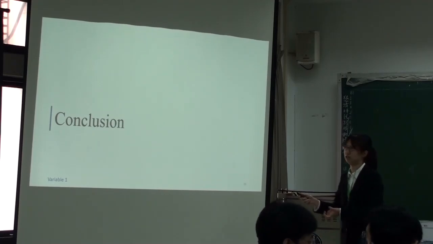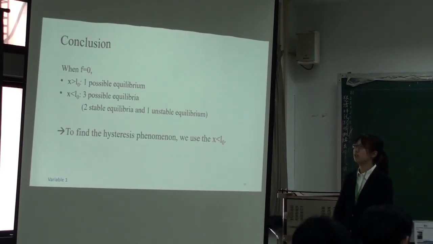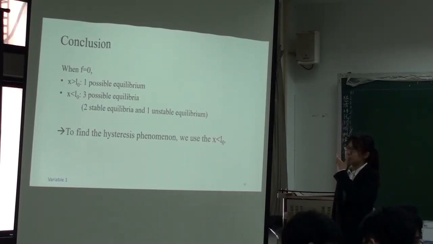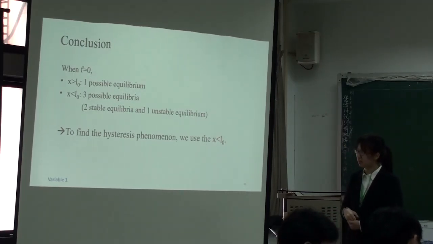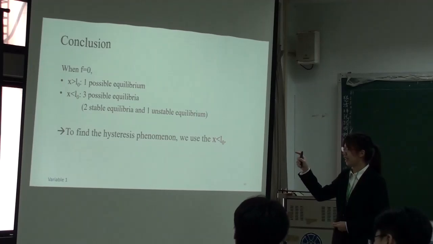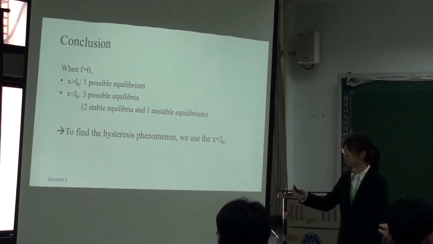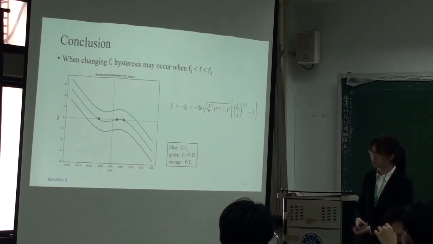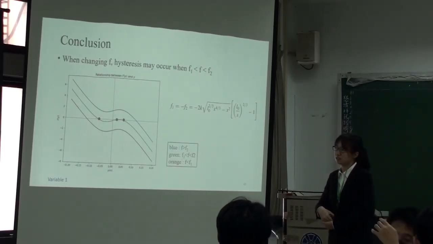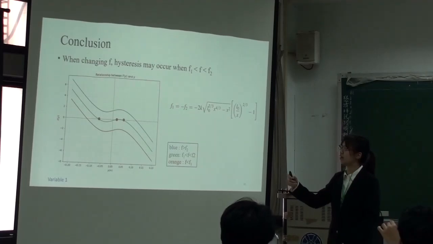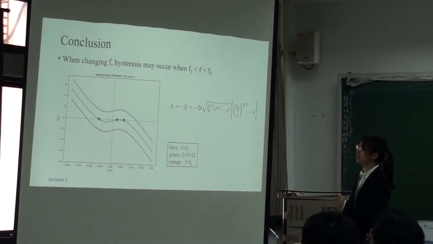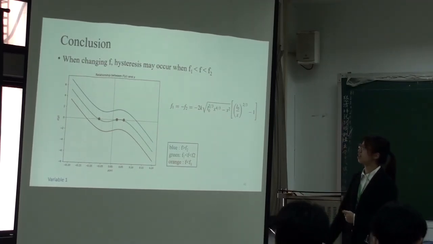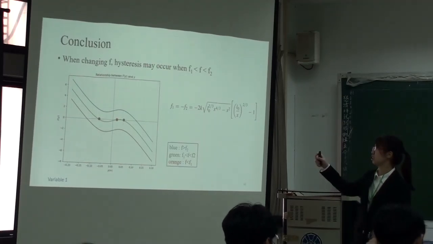Next is our conclusion of every experiment. In the first experiment, when the external force equals 0 and x is smaller than L0, there are 3 possible equilibria. So we use this to find the hysteresis phenomenon. For the second experiment, we change f, and we find that hysteresis may occur when f is bigger than f1 but smaller than f2.